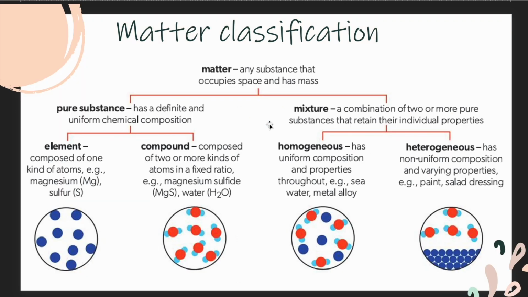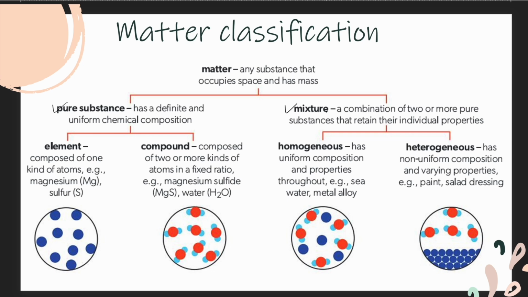Right, so matter is anything that occupies space and has mass. It could be a compound, it could be an element, it could be your stuff like a book, it could be your clothes, it could be anything. As long as it occupies space and has mass, it's matter. Okay? Matter is classified into two: pure substances and mixtures.